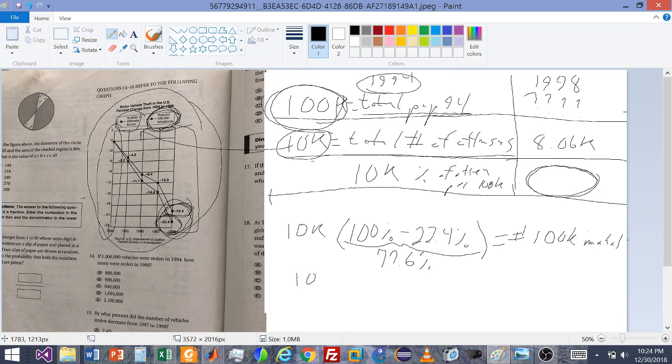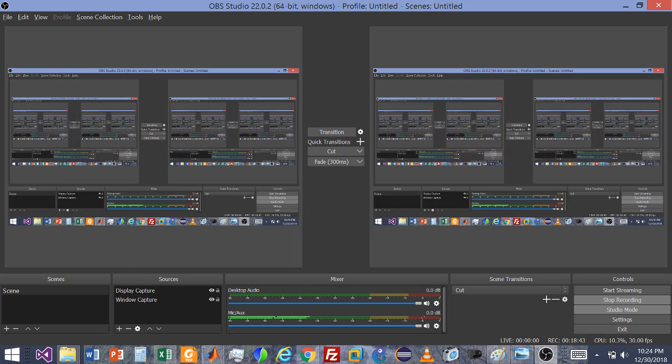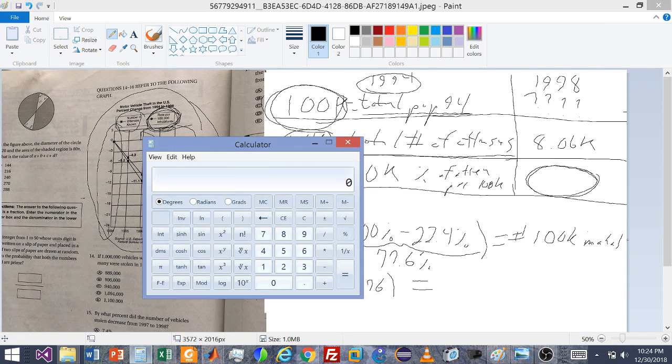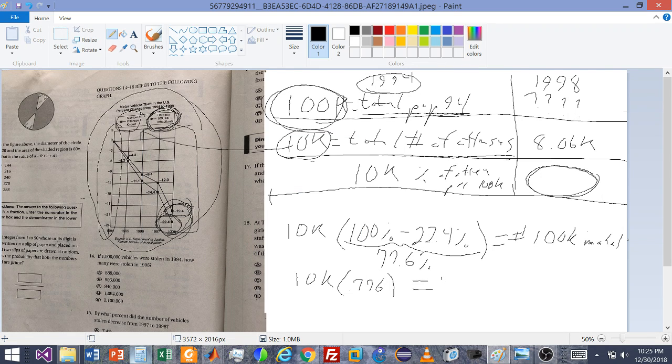So convert that into a decimal. 10,000 times 0.776 equals 10 times 0.776 equals 7.76 thousand per 100,000.